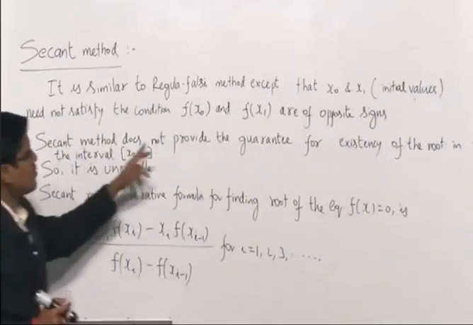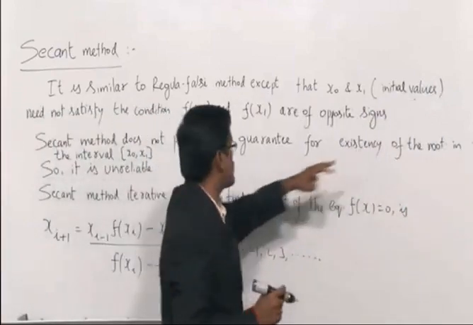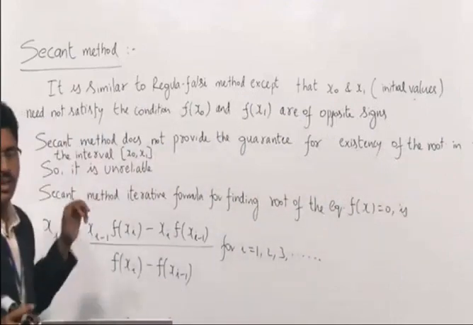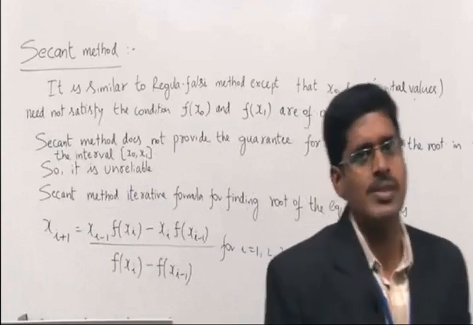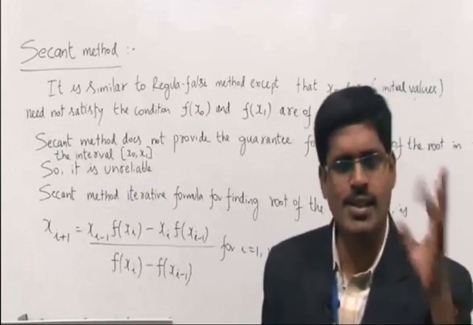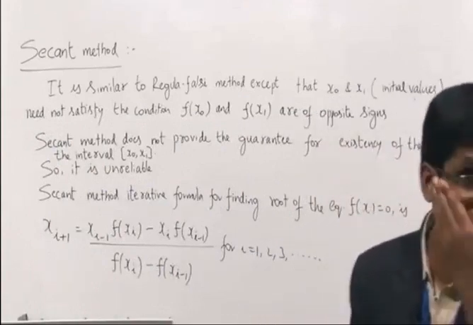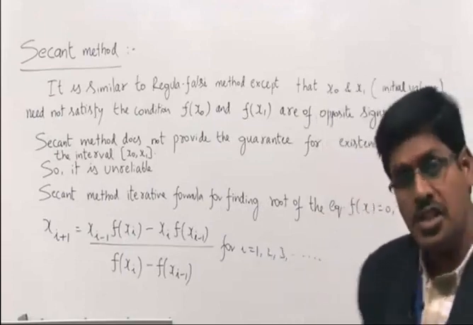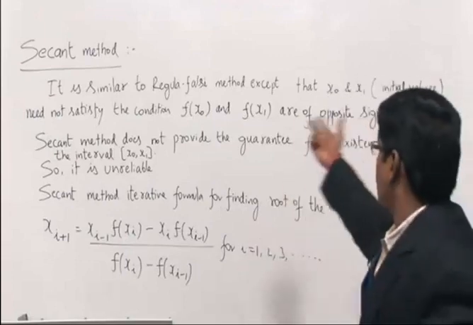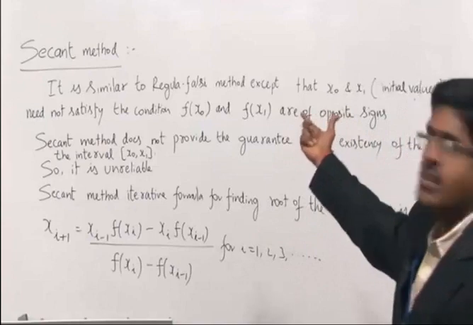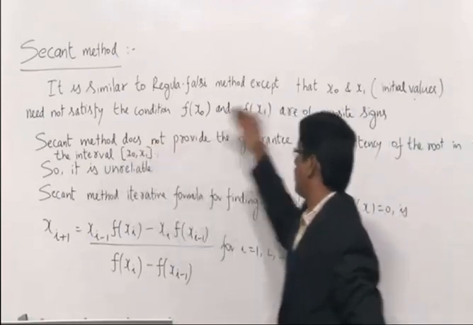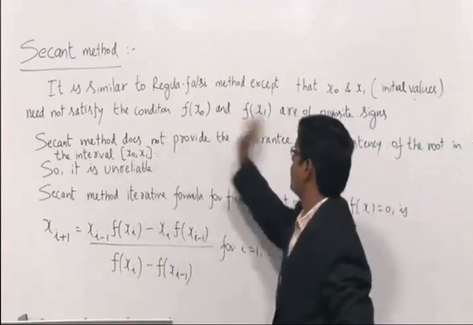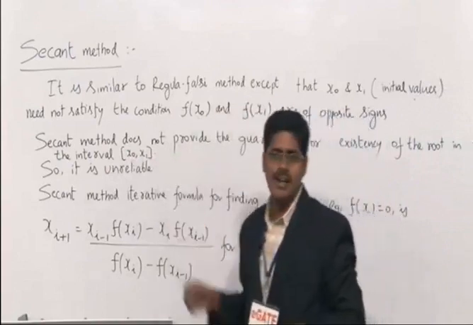So the secant method does not provide the guarantee for existence of the root in the interval x0, x1. Because whenever your two function values are of opposite sign, then definitely the root of the equation lies between those x values. Here the secant method is not required to satisfy the condition that f(x0) and f(x1) have opposite signs. So in some problems the root does not exist between x0 and x1. So this method is unreliable.